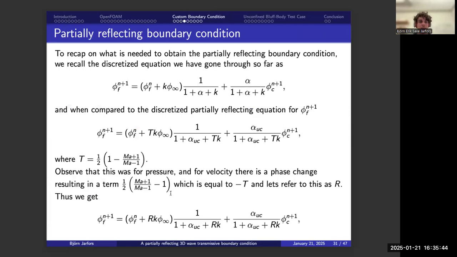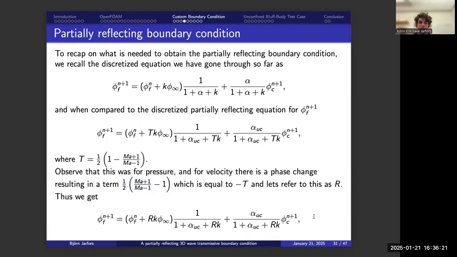So to recap here, if we wanted to go over to a partially reflecting boundary condition instead of this perfectly non-reflecting one, then we needed this extra coefficient. And this coefficient was, like I mentioned, can be seen as a transmission coefficient, and for the velocity can be seen as a velocity coefficient, and the sign is changed.